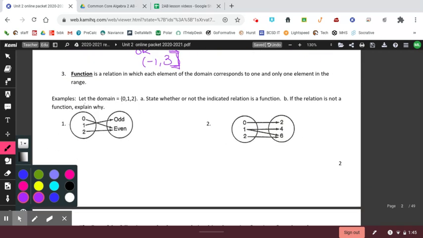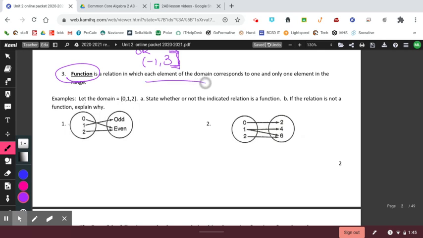Now the next definition is a function. So functions you did talk about in Algebra 1. A function is a relation, a set of ordered pairs where each element of the domain corresponds to one and only one element in the range. That's a huge part here. So every element in the domain corresponds to one and only one element in the range.